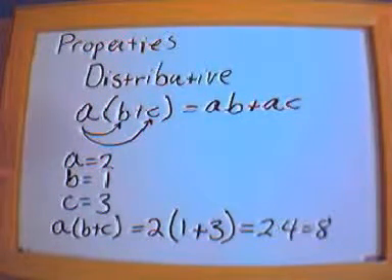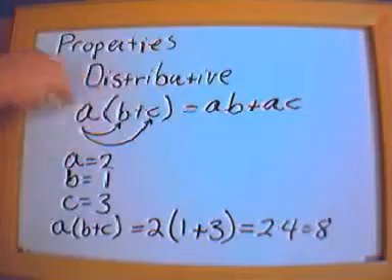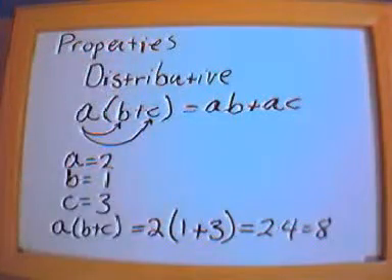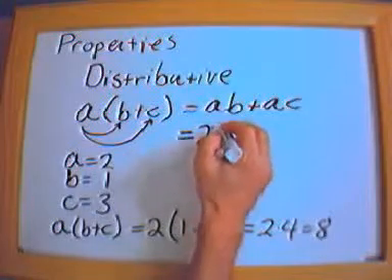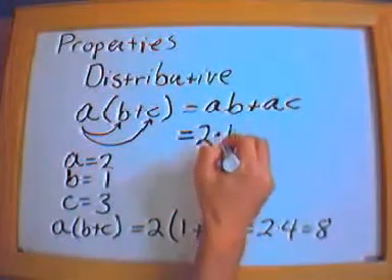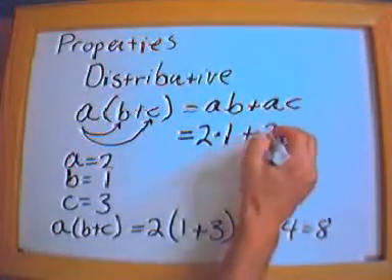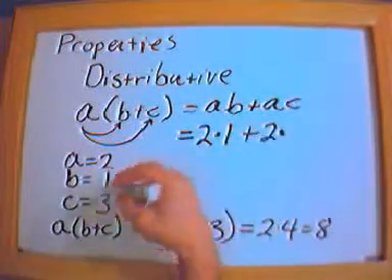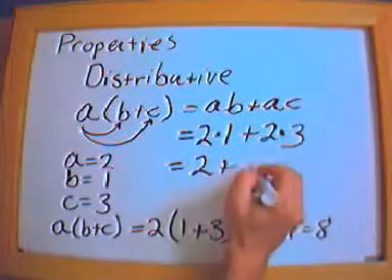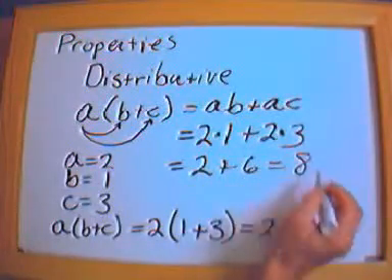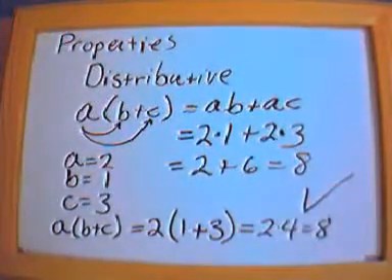Okay, so according to doing it this way, the answer is 8. Now let's do it this way. A is 2, B is 1. A is 2, C is 3. 2 times 1 is 2, 2 times 3 is 6, 2 plus 6 is 8. Okay?